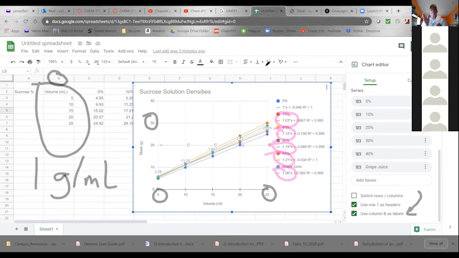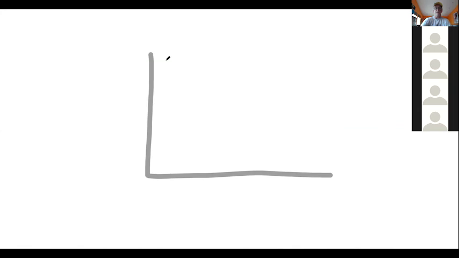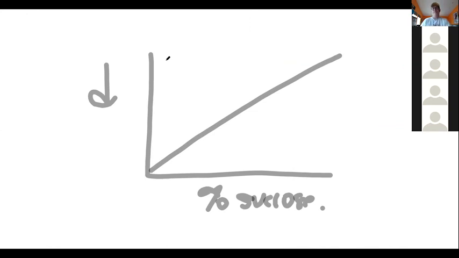So another thing you could do is plot the percent of sucrose solution versus density. I don't think this is included in the lab report, but if you wanted to know what the concentration of sucrose was in your drink, and compare it to what the published is, all you would do is plot the percent sucrose versus density, and then look and see.